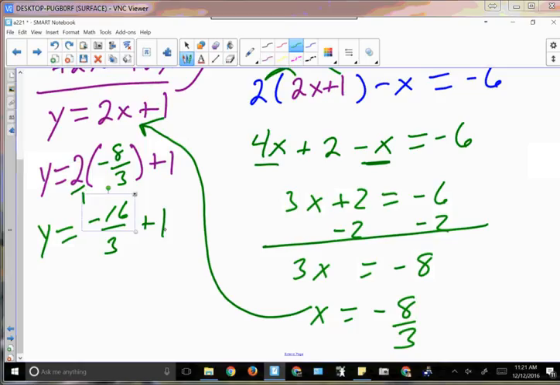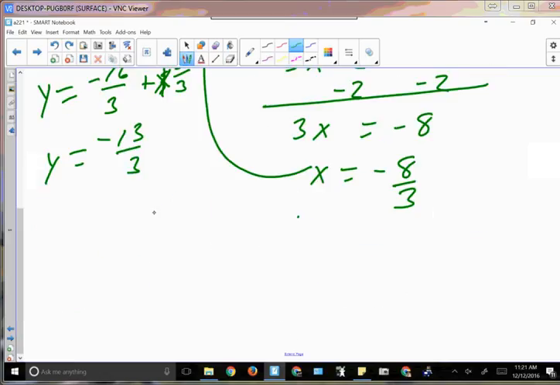Well, I'll make the 1 with the common denominator, so that would be 3/3. So we get y is equal to negative 13/3. So the coordinates for this are going to be negative 8/3, comma, negative 13/3.